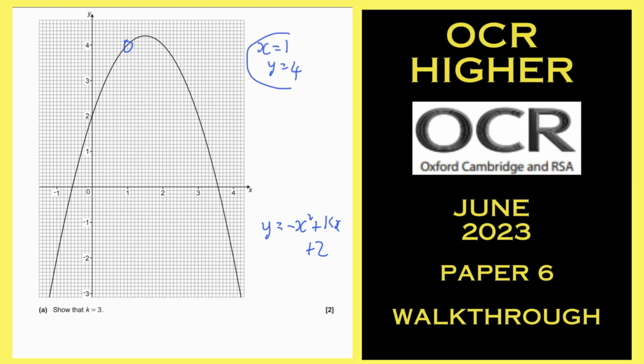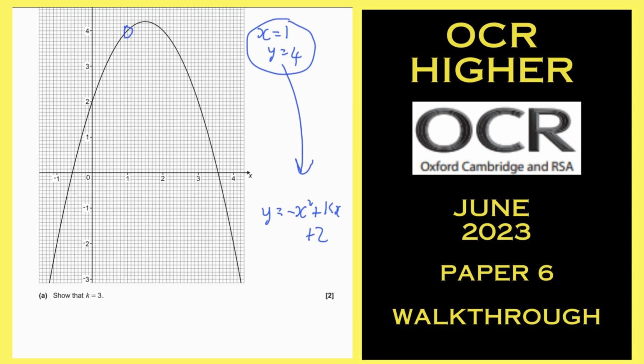Let's take these values for x and y, substitute them into this equation. Replace y with 4, replace x with 1. We've got 1 squared, got to follow BIDMAS. We've got 1 squared, which is 1, minus in front of it, plus x times k is 1 times k, plus 2.